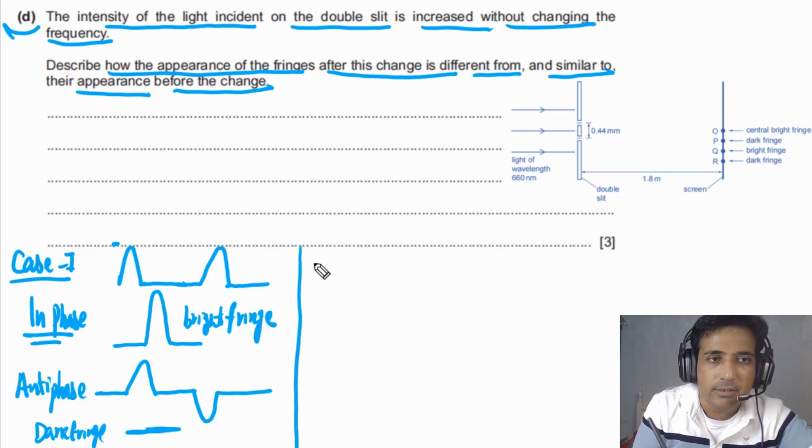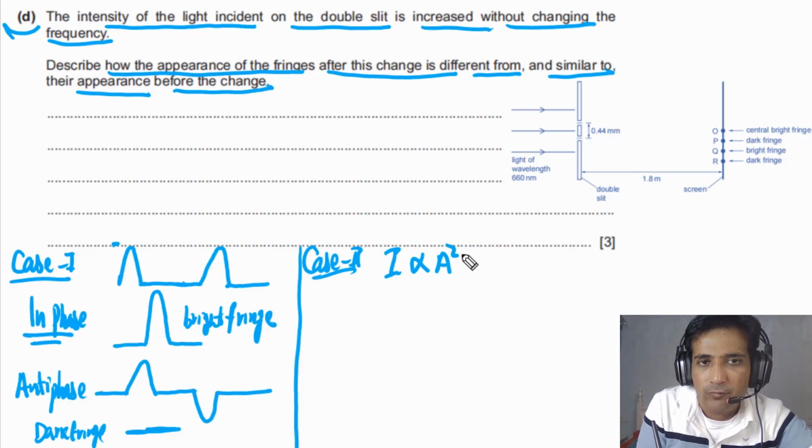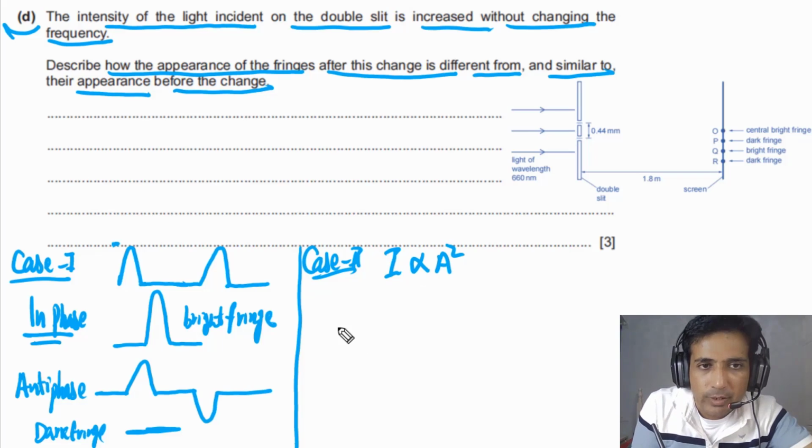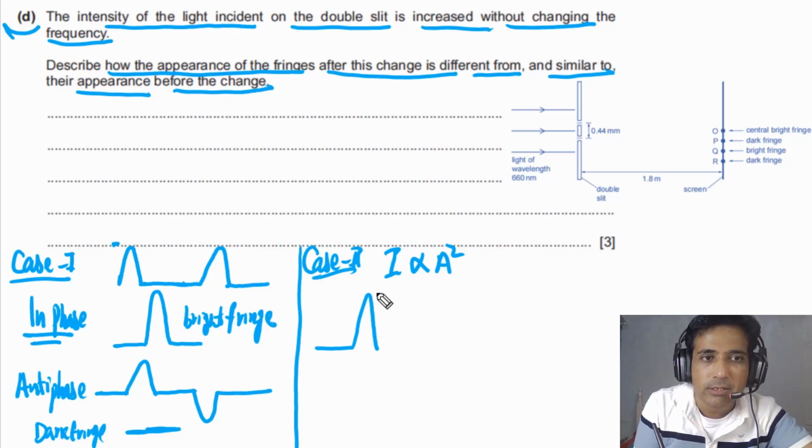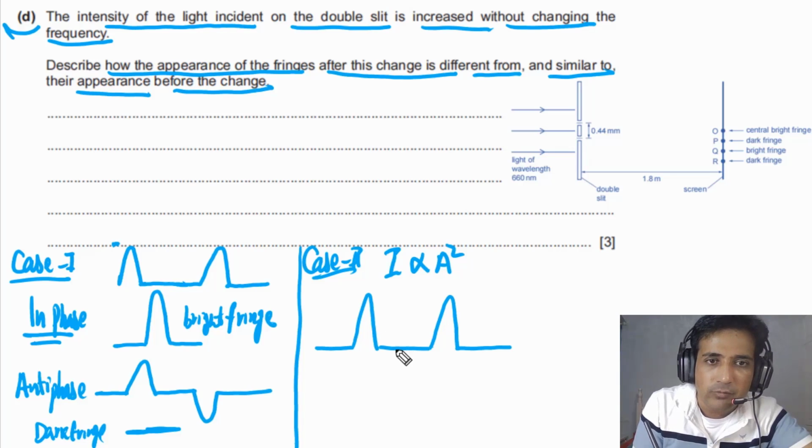Now the second case, when the intensity has been increased. The first thing we need to understand is that intensity is linked with the amplitude of the wave squared. Now we have two waves, but the amplitude is greater than before. When these two waves are in phase and meet at one point, we will see a super crest.